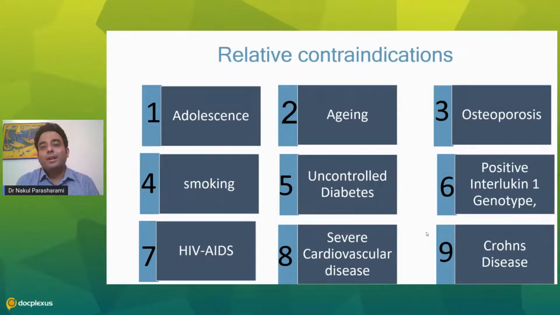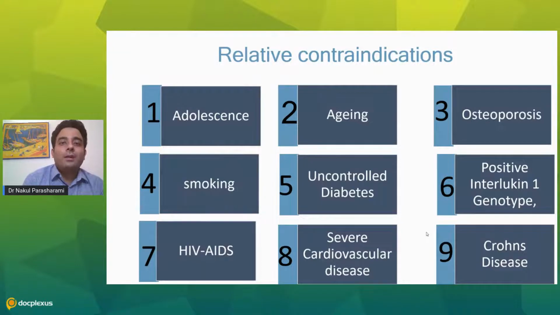So, a few relative contraindications are a young growing patient. As the bone grows, it is not possible for us to place a dental implant, which may lead to problems later on. Thus, an adolescent patient is not a very ideal candidate.